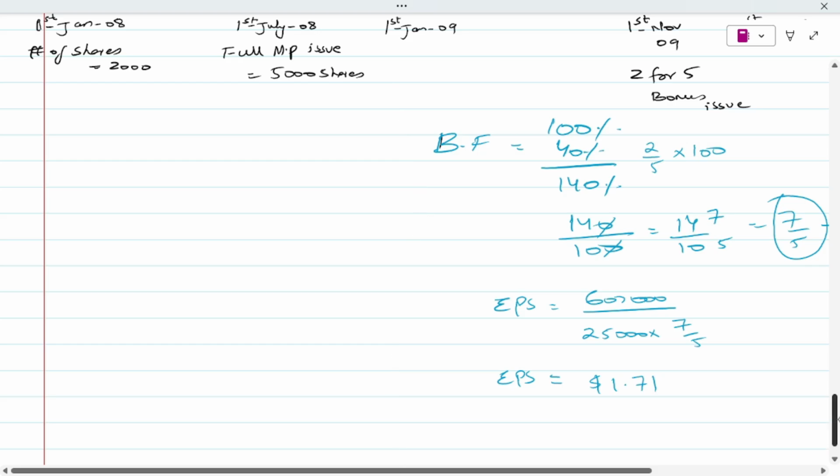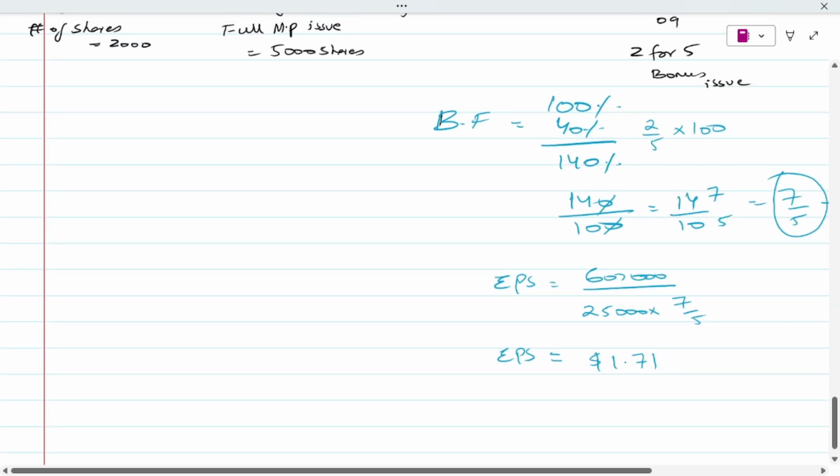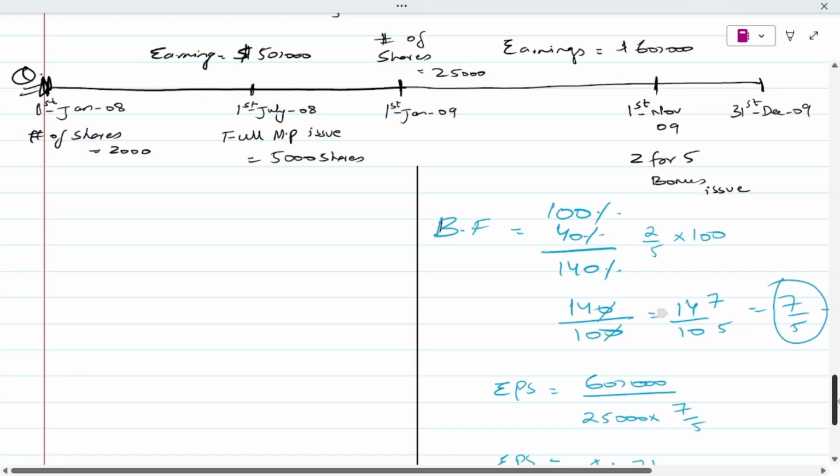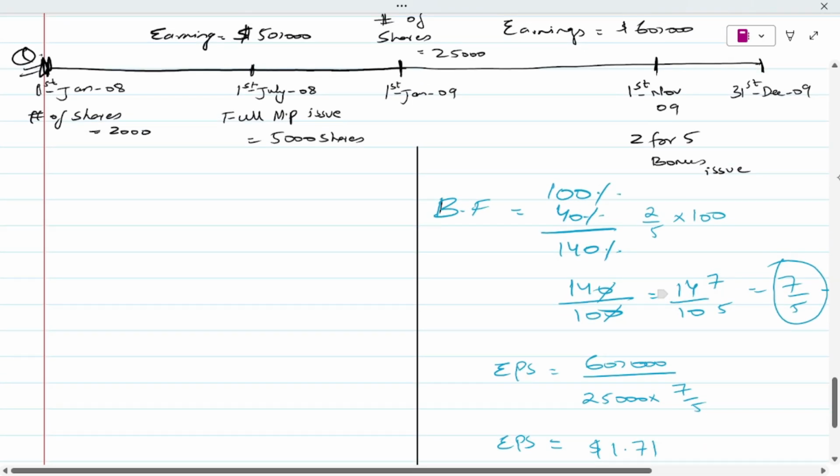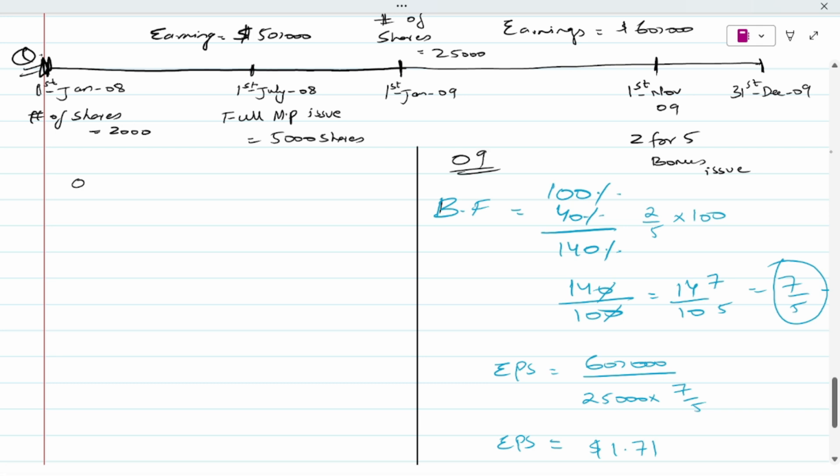What it is supposed to do is correct it automatically. There you go. So there is a little border. This working is for 2009, and now we are going to do the working for 2008. So what do we have to do in 2008? We have to calculate the EPS.